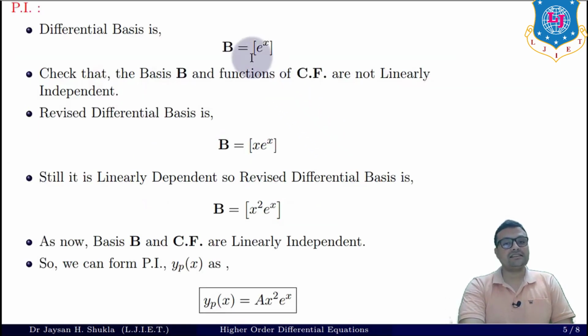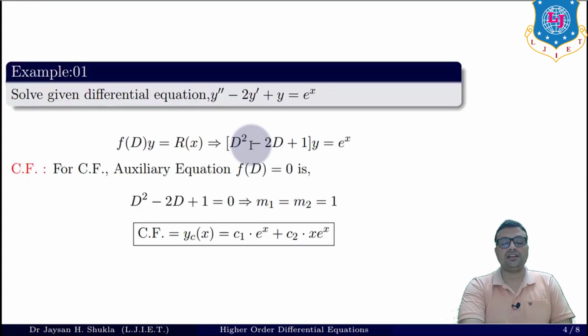Now let us check whether there is any repetition or dependency between this element and the elements of the CF. You can see clearly that the element of the basis is e raised to x, and there is repetition over here in the complementary function, that is e raised to x.